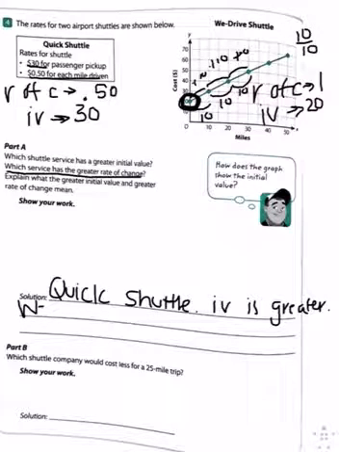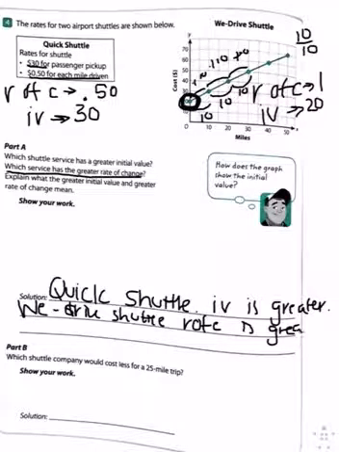The We Drive shuttle has the greater rate of change because the Quick Shuttle has a 50-cent rate of change, whilst the We Drive shuttle has a rate of change of 1.